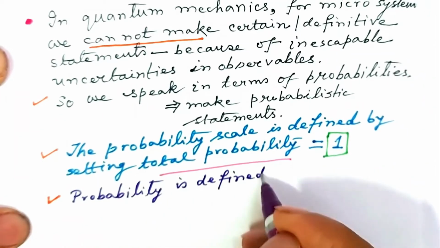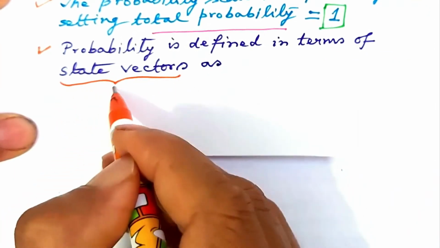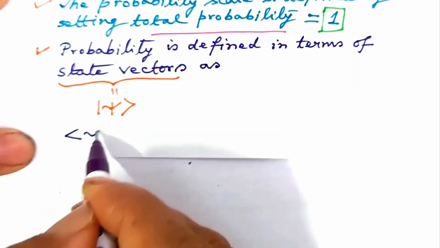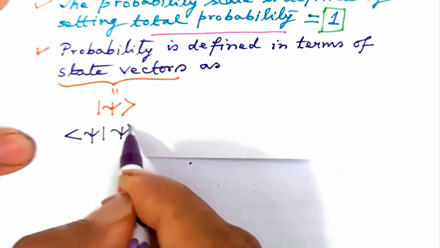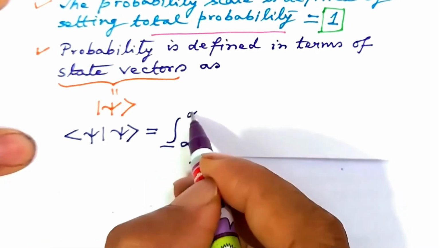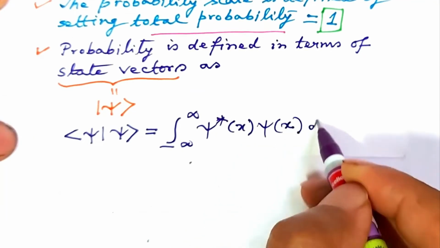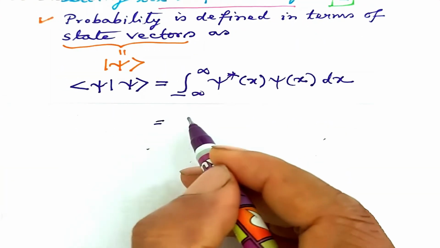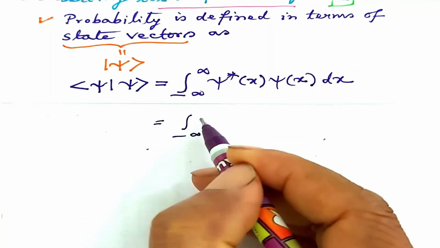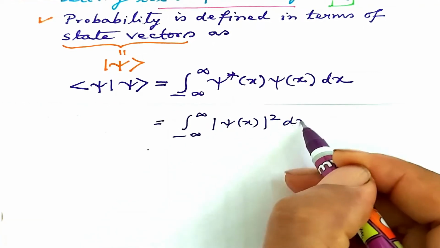Probability is defined in terms of state vectors. Denoting the state vector by ket psi, the inner product bra psi ket psi is an integration from minus infinity to plus infinity psi star of x psi of x dx, that we can write as integration from minus infinity to plus infinity mod psi square dx.